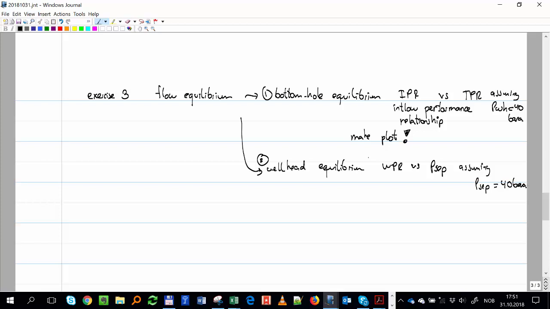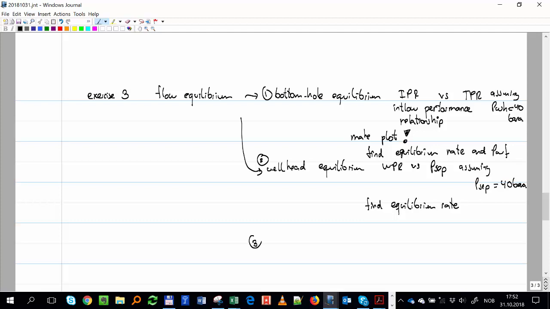For these two cases, you have to find the equilibrium point, the equilibrium rate and PWF, the point where the two are equal. You also have to find the equilibrium rate, which we know already is going to be the same, right?